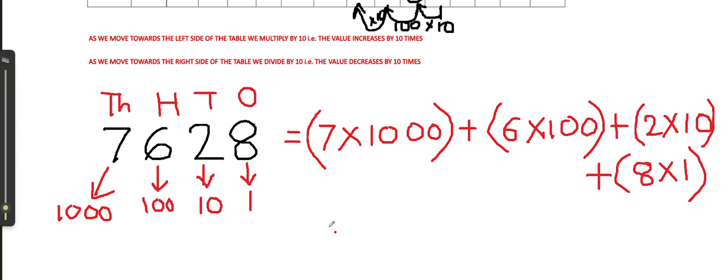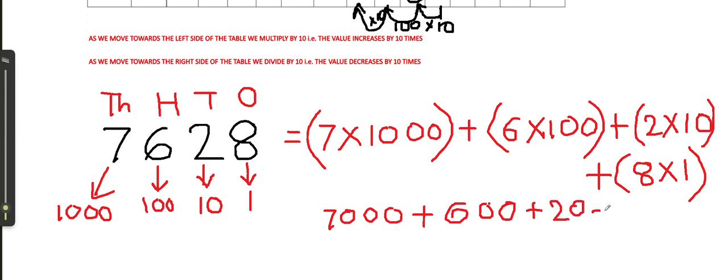So 7 times 1,000 is equal to 7,000, plus 6 times 100 gives 600, 2 times 10 is equal to 20, and 8 times 1 is equal to 8.